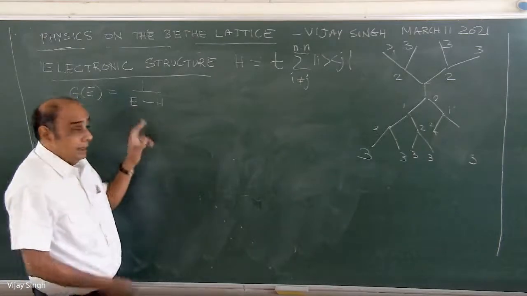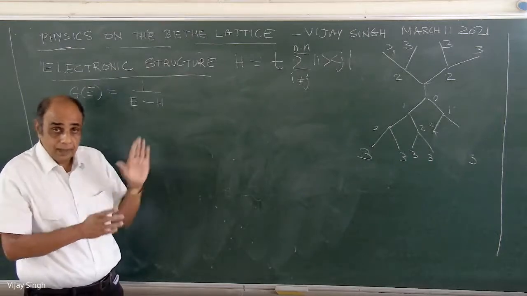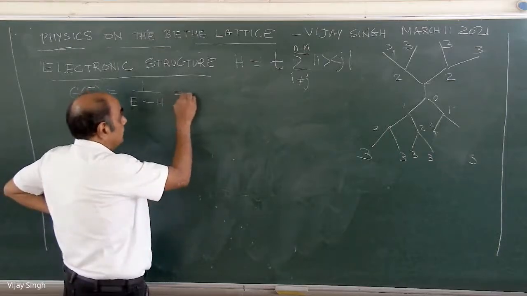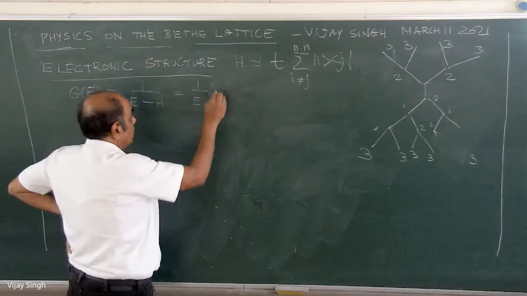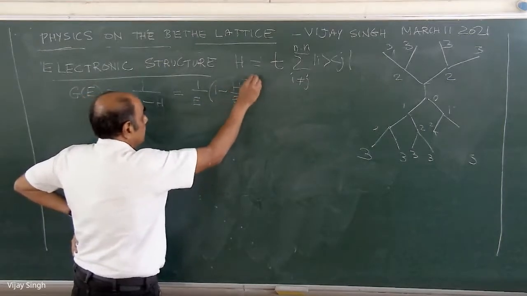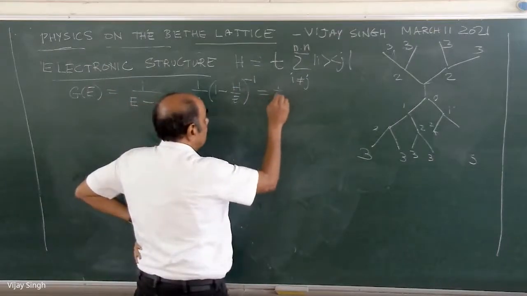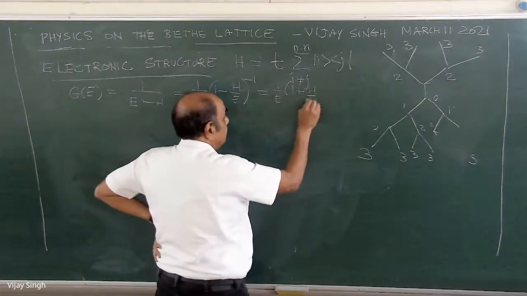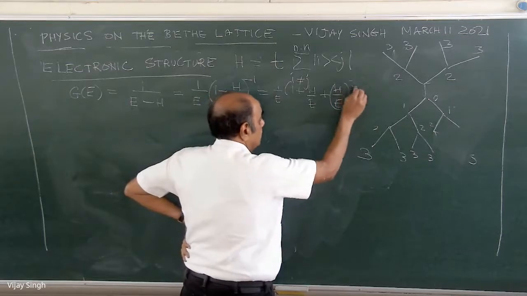So with E, there's a term called the identity matrix, so I'm leaving that out. I write this as 1 over E into (1 minus H by E) inverse, which I will now write as 1 over E into 1 plus H by E plus a scalar expansion, please.